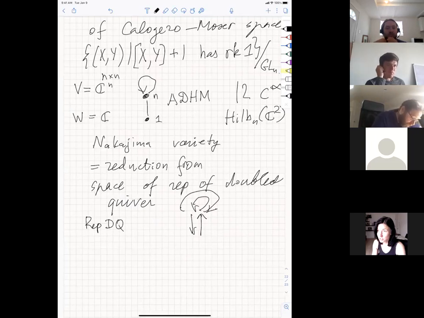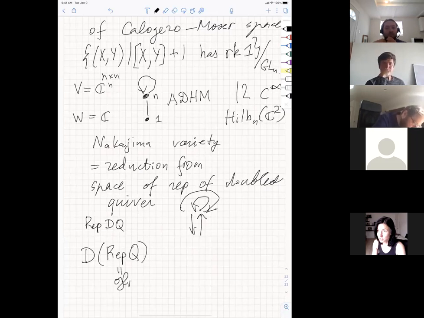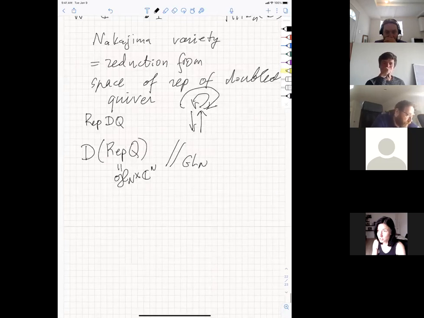And this is a symplectic space, so for the quantization I have to take differential operators on representations of Q, which is really GLN cross Cn, and then we do quantum Hamiltonian reduction appropriately.